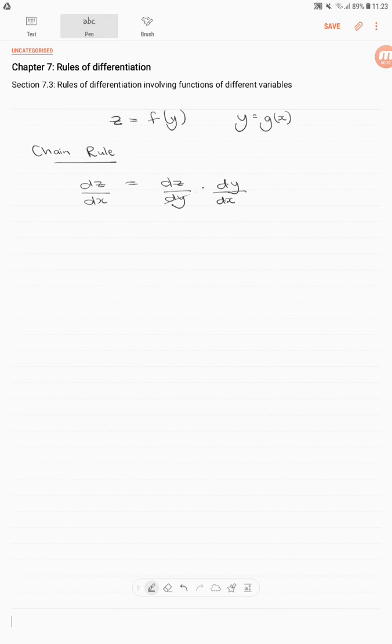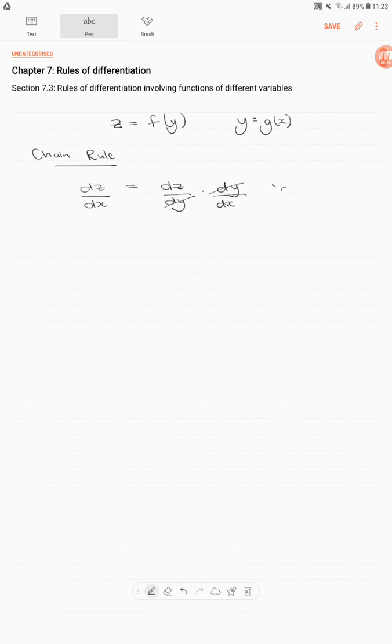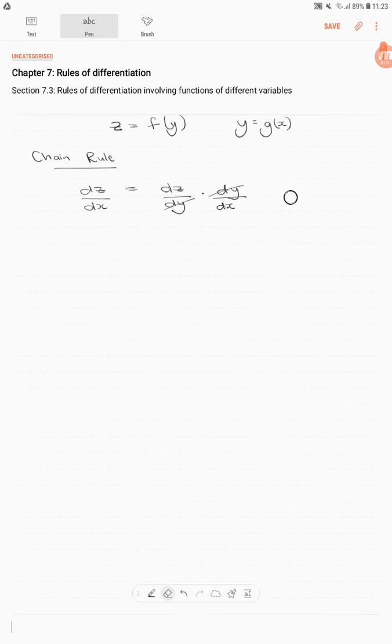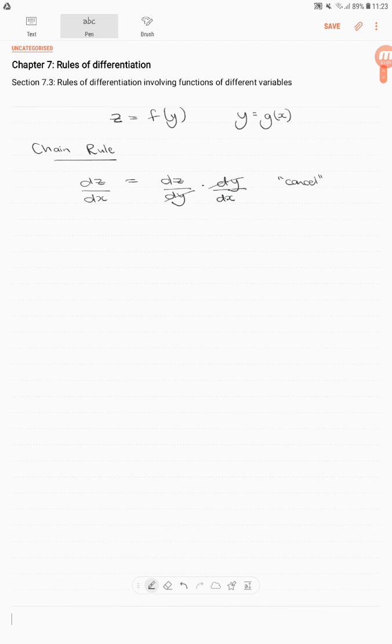As you see, these will cancel out in effect. They cancel and we are left with dz dx, which is just from our function.